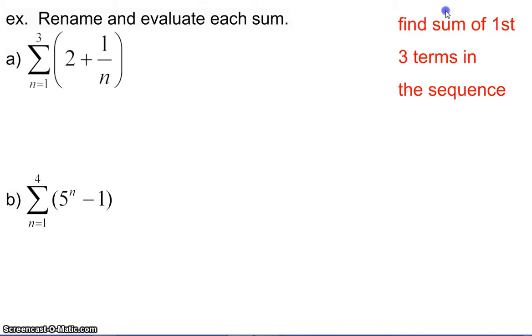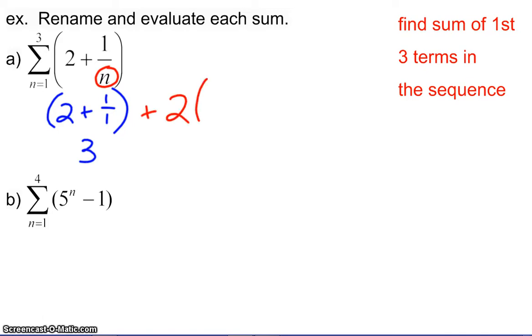So that means that we can plug in 1 initially and find out that that first term is 3. And then we can plug in 2 for n for the second term. Find out that that is 2.5.